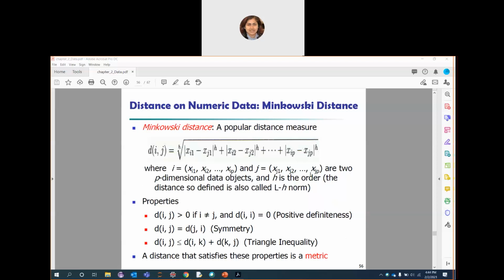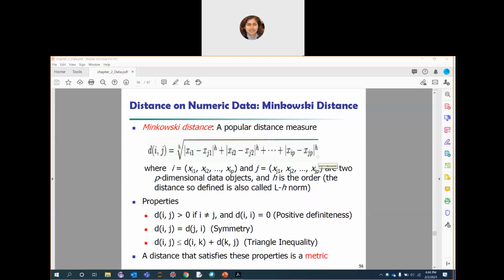Such a distance is also called the Lp norm in some literature, where the symbol p refers to our notation of h. It depends upon what value of h you are choosing. Based on that you determine which one is Minkowski, which one is Euclidean and which one is Manhattan.